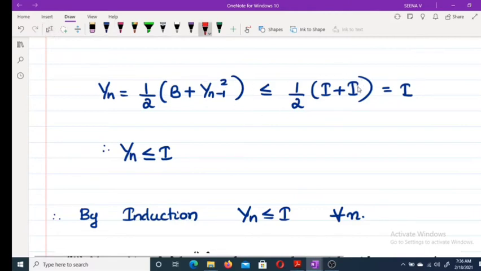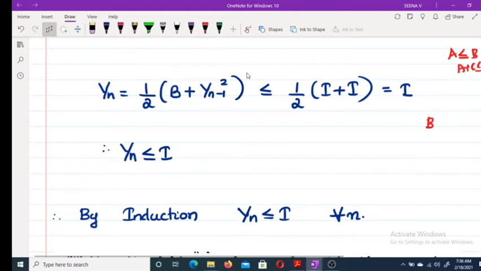We have one result: a less than or equal to b, then a plus c less than or equal to b plus c. So using the same formula, okay, we get this one, and this is less than or equal to I. We can use, okay, b less than or equal to I, plus you can add this.